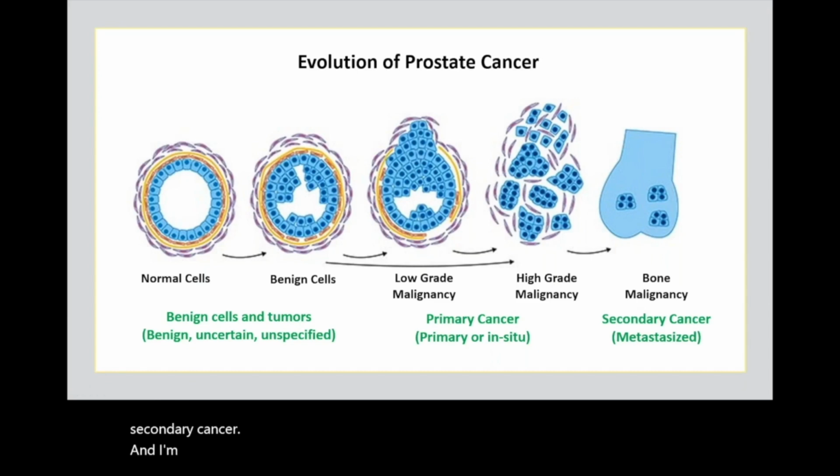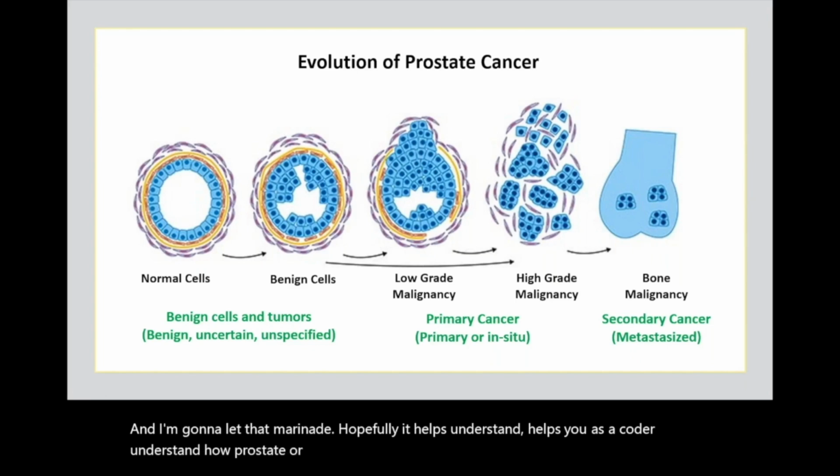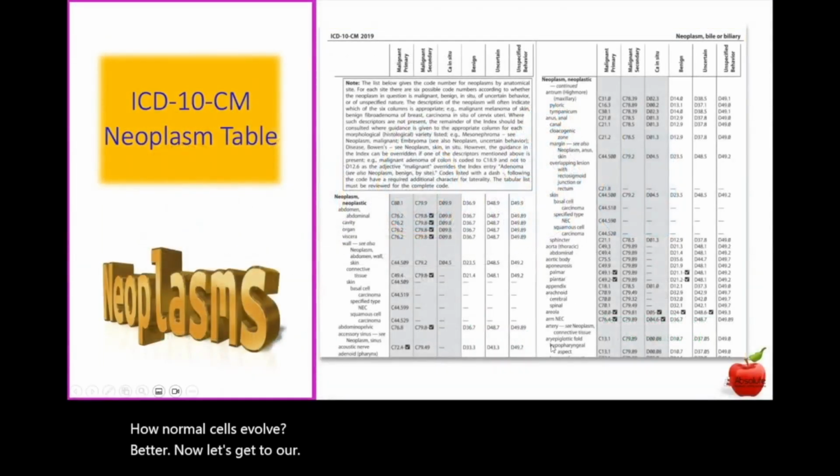And I'm finished. I'm going to let that marinate. Hopefully, it helps you as a coder understand how cancer evolves, how normal cells evolve. Now, let's get to our ICD-10-CM.